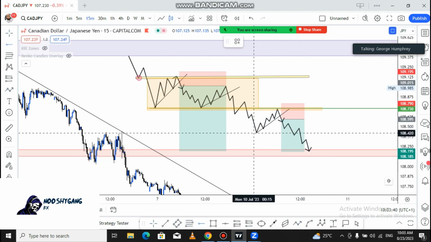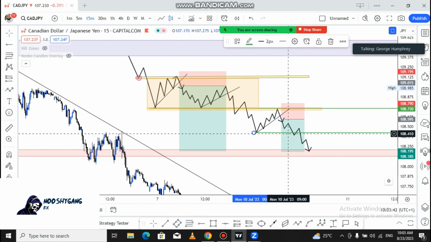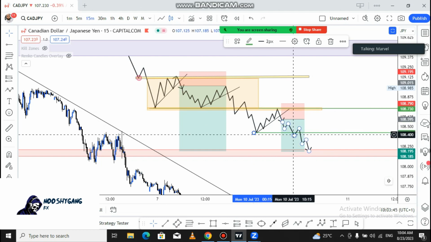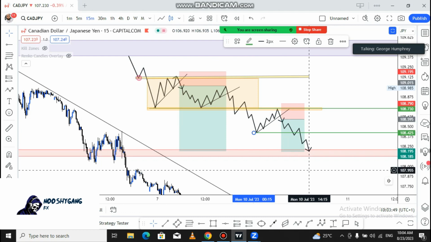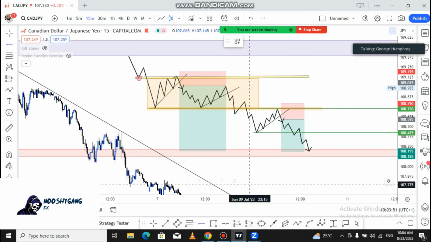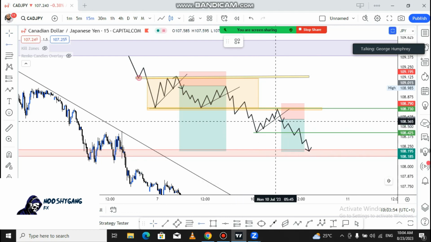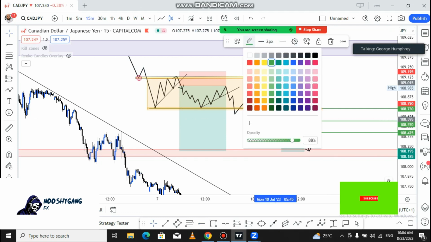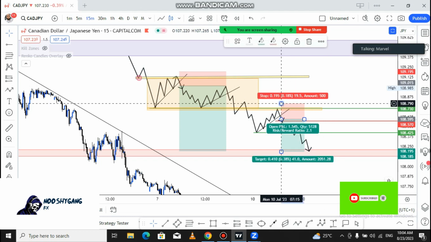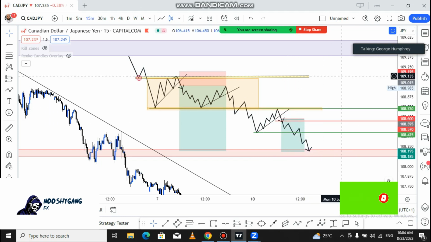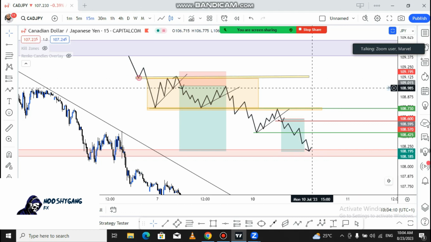Once you hit this low, you either take partial profit or you break even. What I mean by break even is moving your stop loss inside the market, and you'll be risk free. I don't know if you understand. I understand. Yeah, I do.